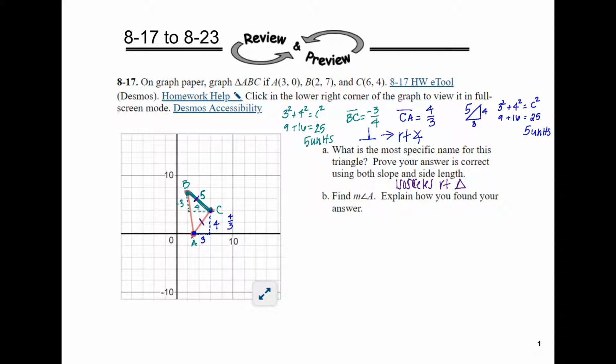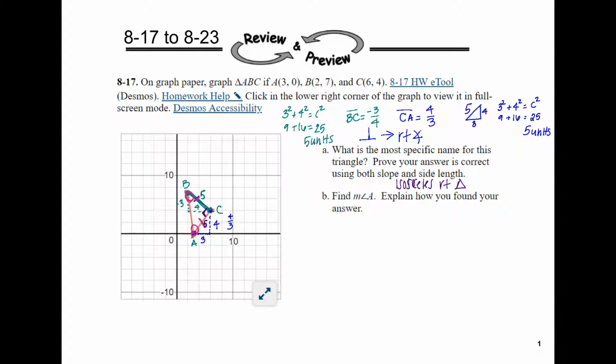So we can find the measure of angle A in a variety of different ways. We know that both of our sides are 5. We know that this angle right here is a right angle because we have perpendicular lines, which then tells us, because our sides are congruent, our angles must be congruent.